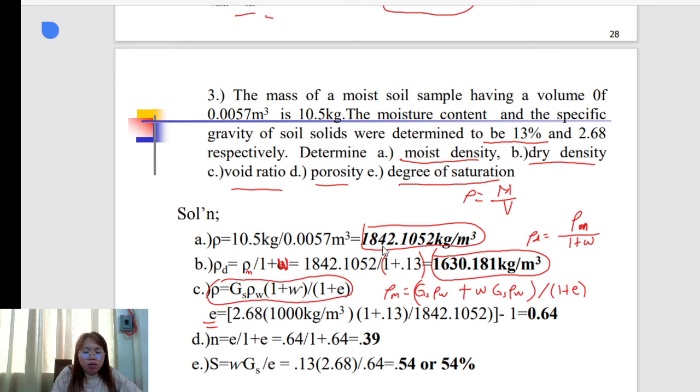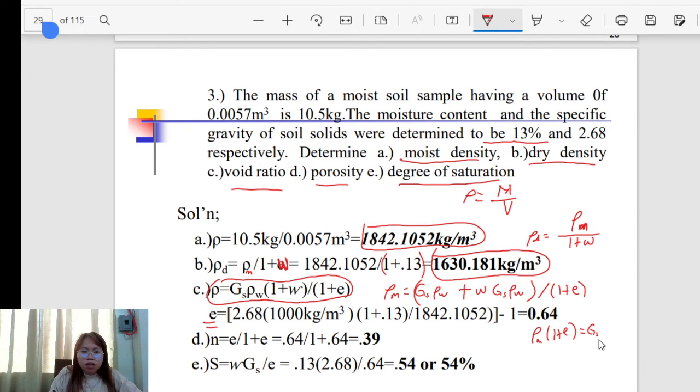So it becomes moist unit weight times 1 plus E equal to G sub S times unit weight of water times 1 plus W. In terms of E, that is E equal to G sub S, unit weight of water, 1 plus W, over moist unit weight, minus 1.